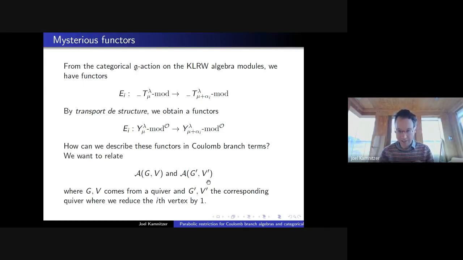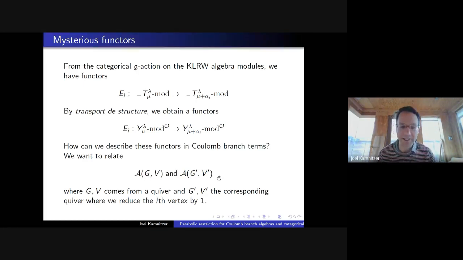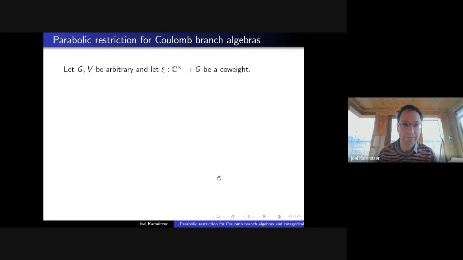So at first glance, it is hard to see what exactly the general viewpoint of the relationship between G and G' and V' is, but that's what I'm going to explain now. Okay, so let's go to an arbitrary pair of a reductive group and a representation again. So I return to the general setting of Coulomb branch algebra, so not necessarily quiver theory.